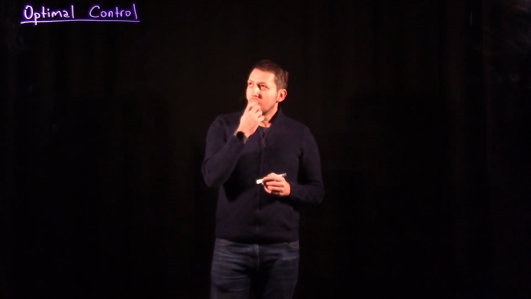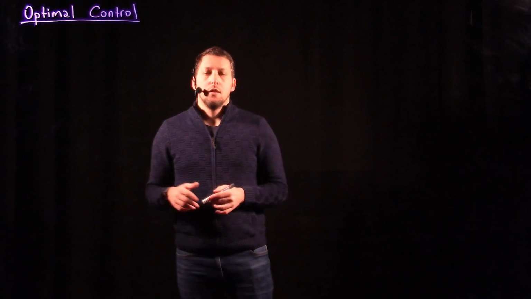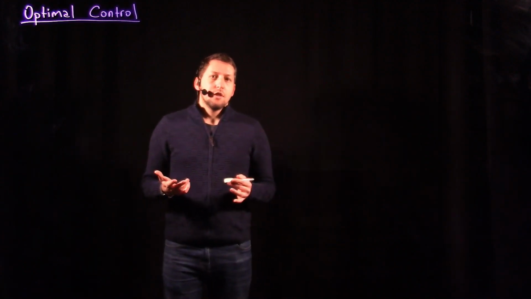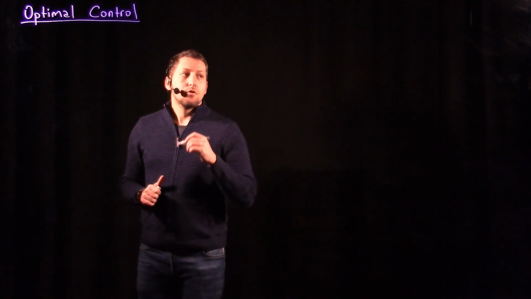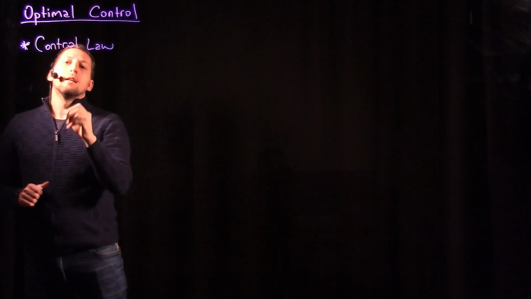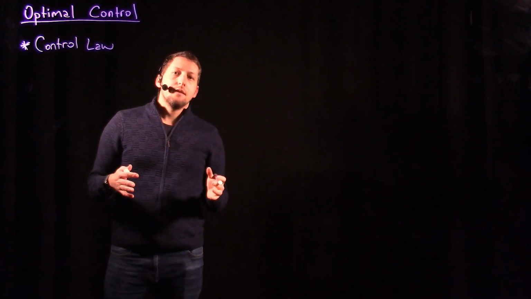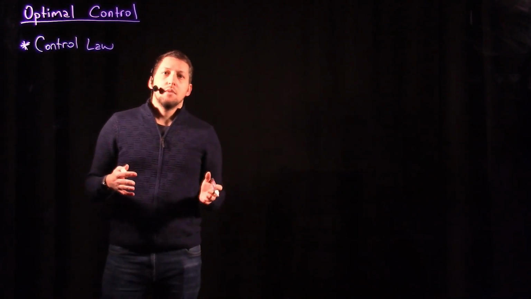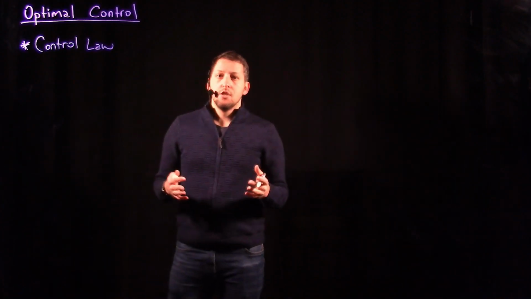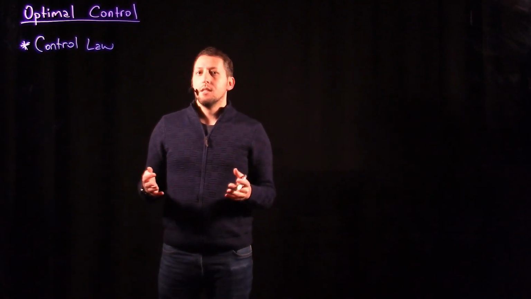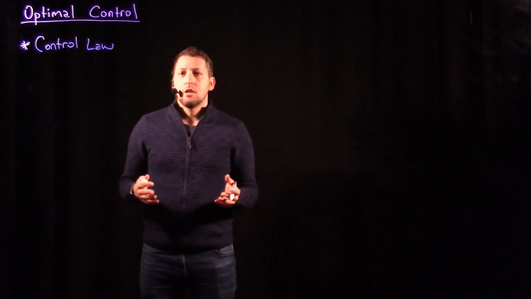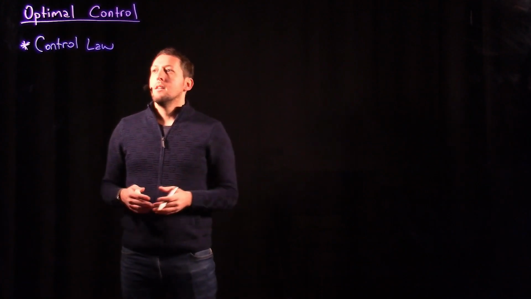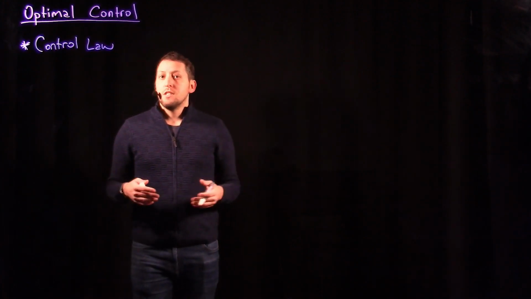Because of that, maybe it makes sense to first start with a definition of optimal control. An informal definition could be: optimal control deals with finding a control law that optimizes a certain criterion. This optimization can be interpreted as minimization of something or maximization of something. For example, minimizing the energy consumption, or minimizing the time required to execute a task, or maximizing the yield, and so on.